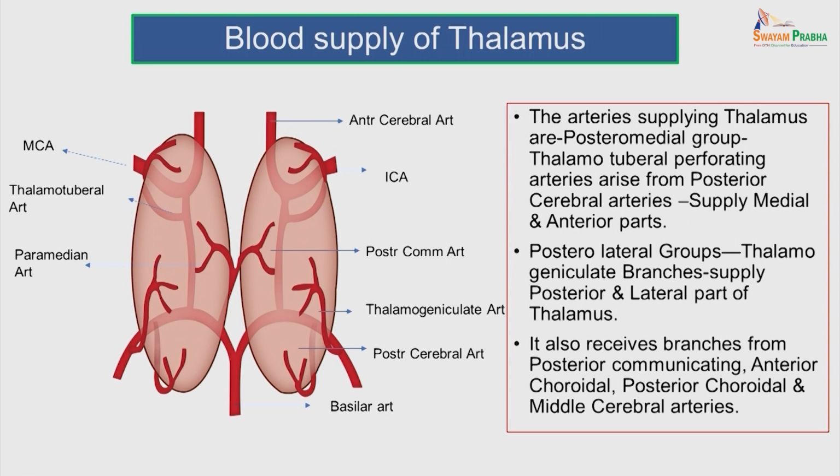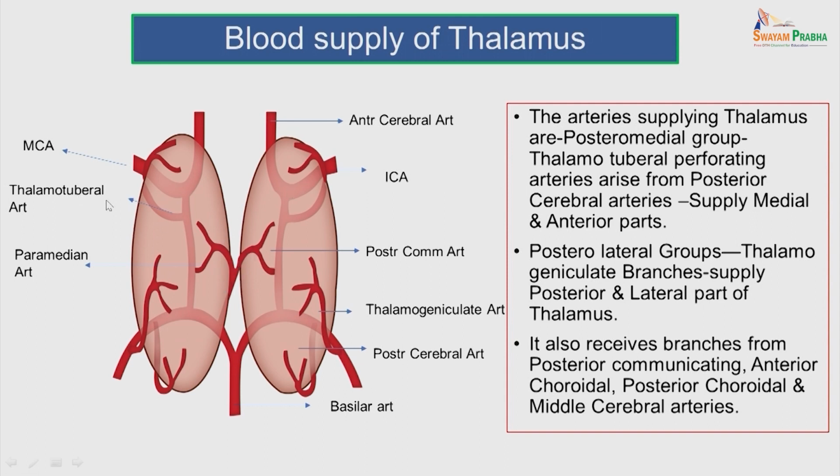Coming to the blood supply of the thalamus, it is supplied by the anterior-medial, anterior-lateral, posterior-medial and posterior-lateral groups.